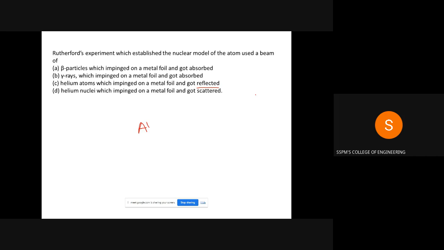It is not related to scattering, so the beam is reflected.